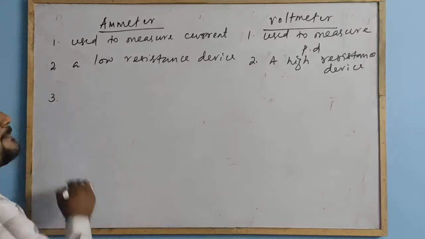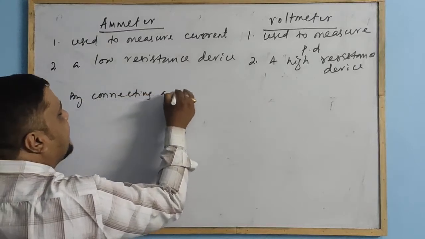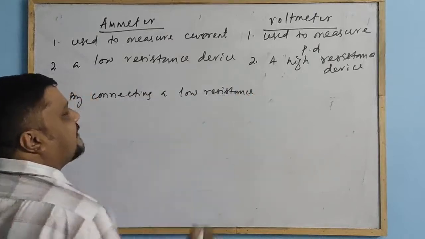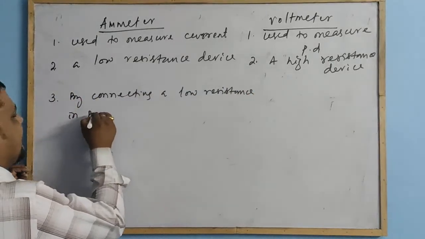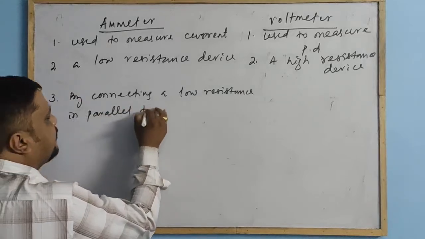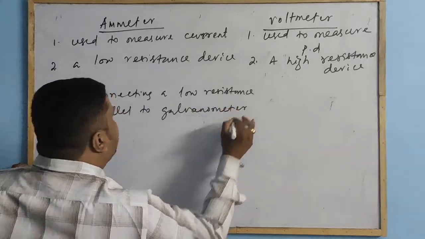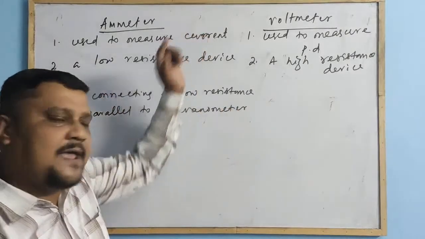Number 3, by connecting a low resistance shunt, SHUNT, in parallel to the galvanometer, you get an ammeter.